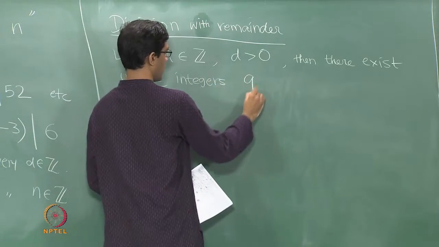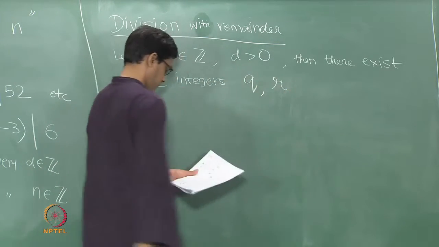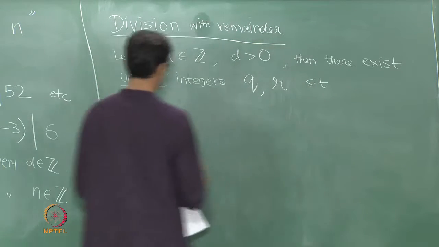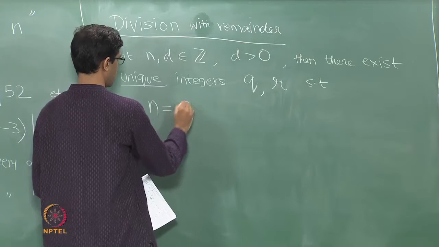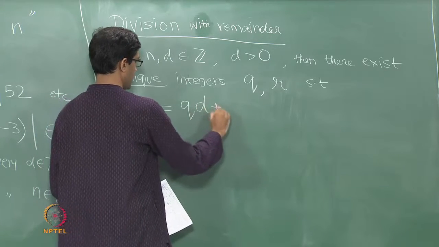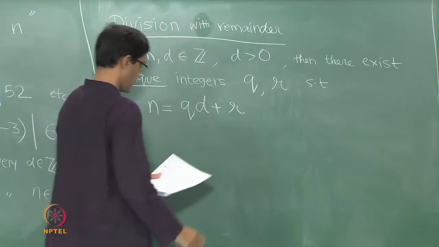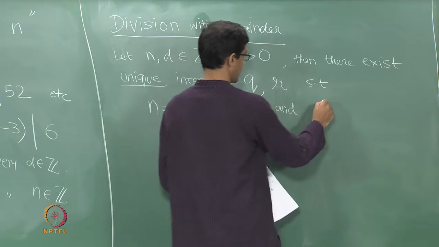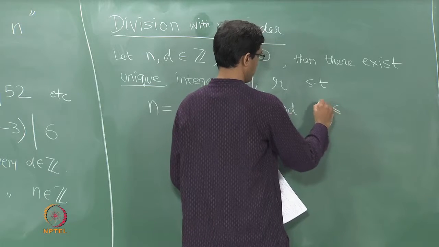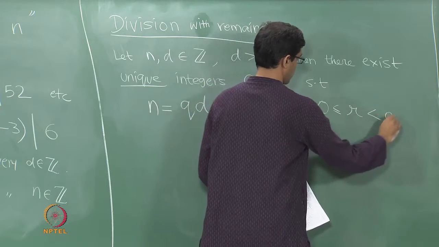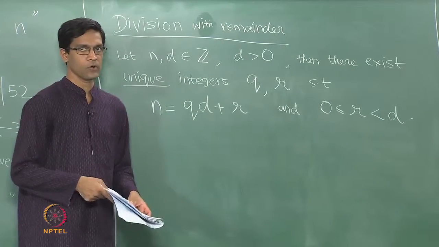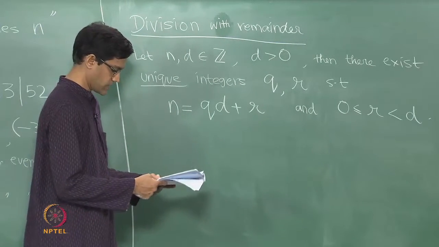let's call them Q and R, the quotient and the remainder, such that n can be written as Q times D plus R, and the constraint on R, the remainder, is that it's a number between 0 and D minus 1. So R is greater than or equal to 0 and less than D. That's the condition.